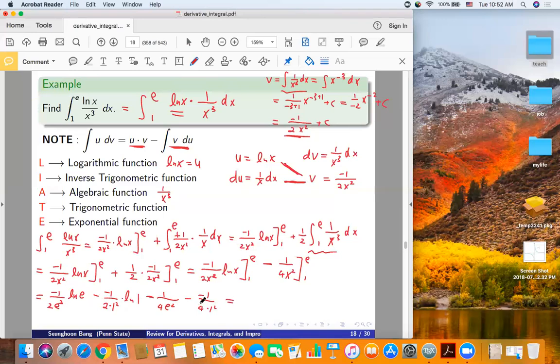Simplify. What's ln of 1? ln of 1 is 0, so this goes to 0.